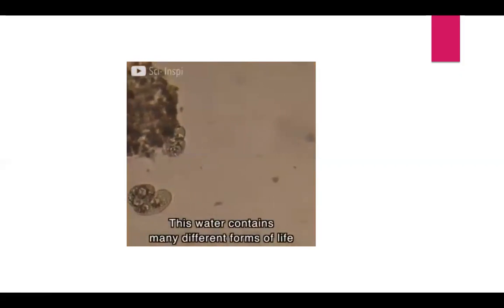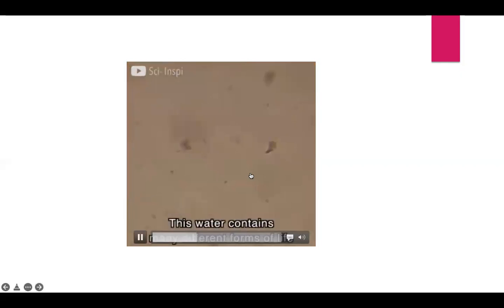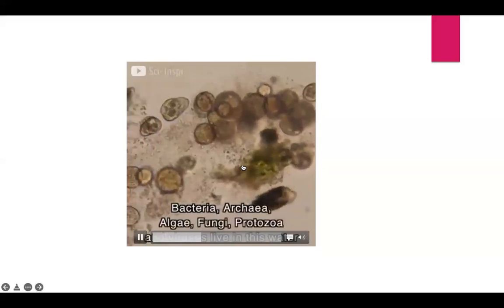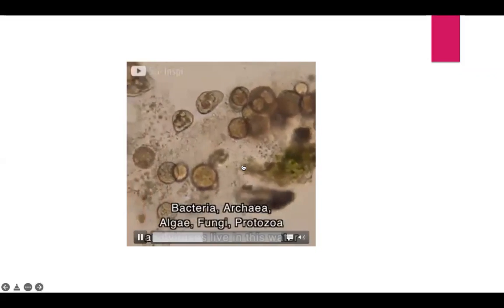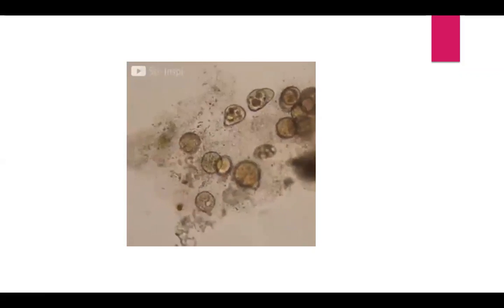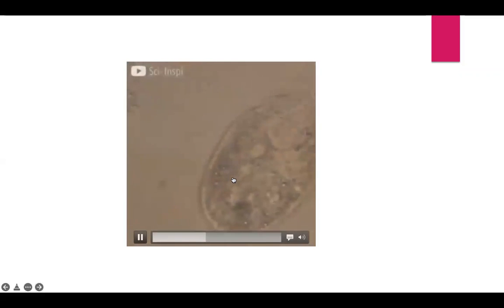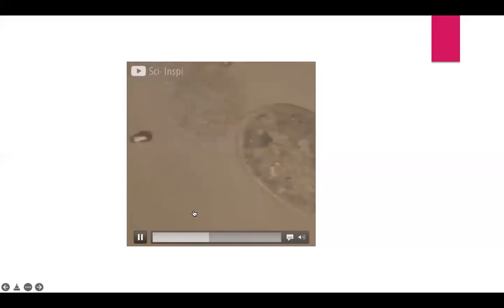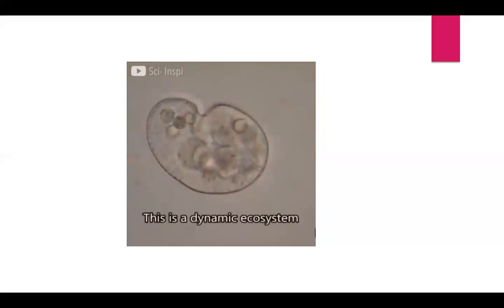You can see amoeba. Here, Protozoa. So I'll name them. Paramecium. You can see them. Different organisms.